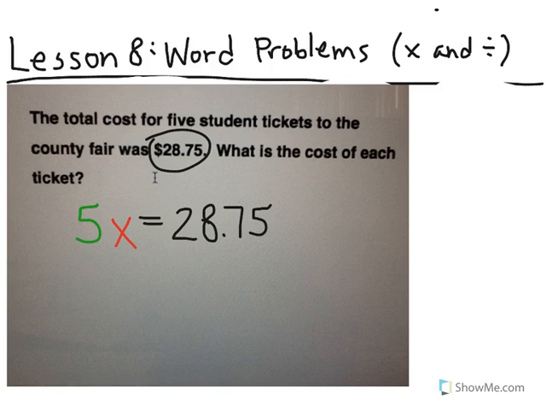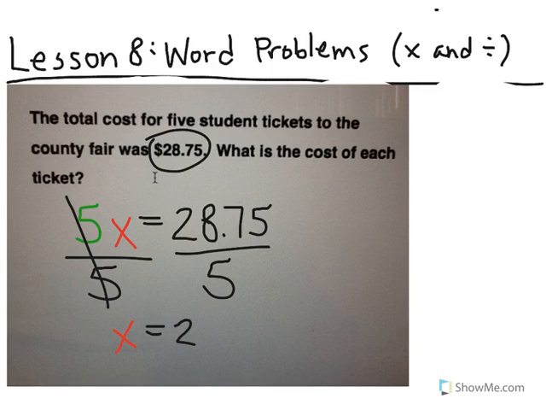To simplify 5 times x, we want to use the inverse operation, so it's divided by 5. Each side is divided by 5. Those cancel out. We're left with just the price of the ticket. And here we have x equals $28.75 divided by 5.